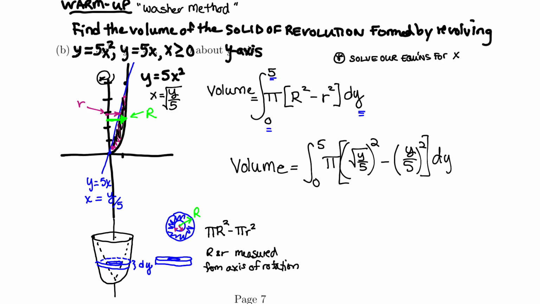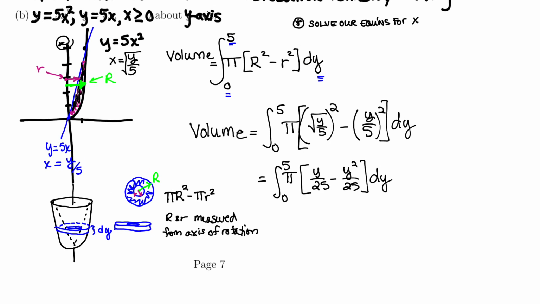You guys are good. The calculation might be a little tricky just because you have the 25, so I'm just going to pull pi out. And then we've got, what is that? Square, this is just y over 25 minus y squared over 25. And then you take the antiderivative. Oh, 5 is also under the square root.